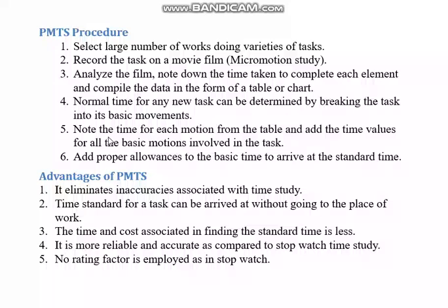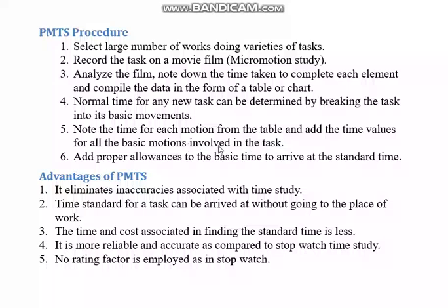Note the time for each motion from the table and add the time values. If predetermined motions are there, like I said, the hand has to move from the tray to the assembly area, you'll be able to find the data in the table.